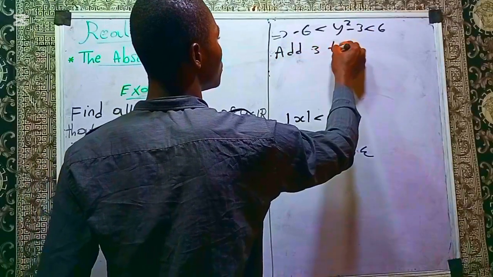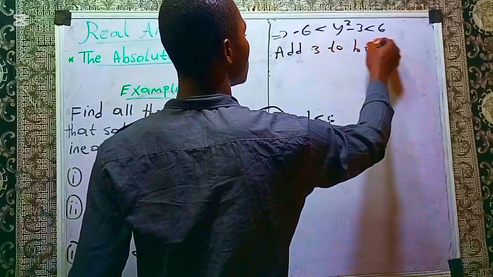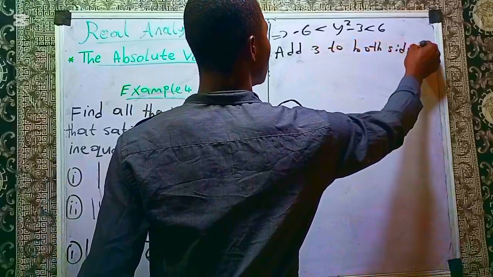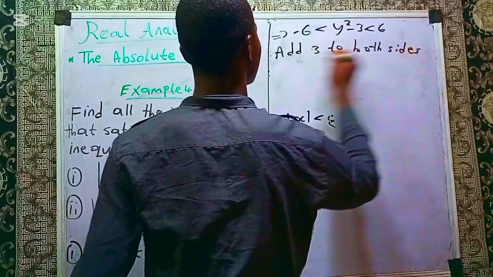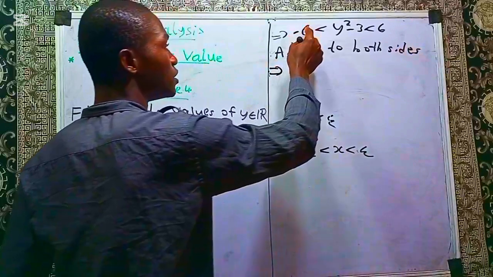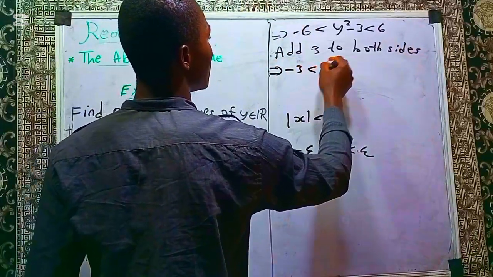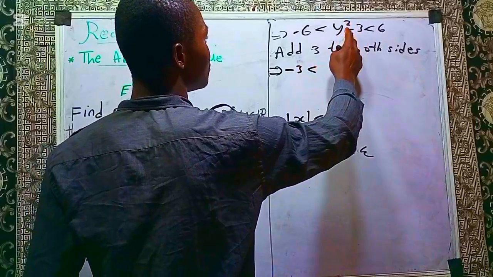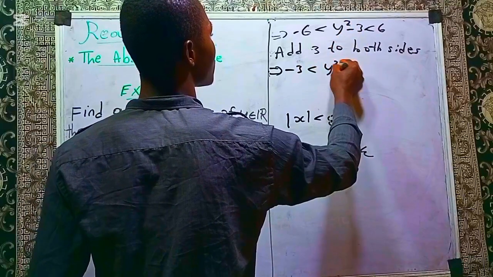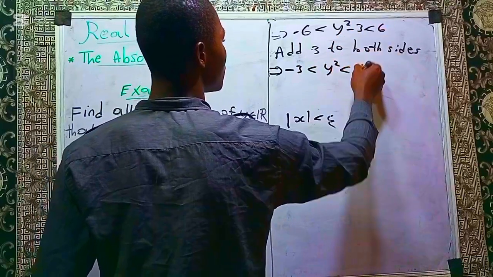Add 3 to both sides. This implies if you add 3 to negative 6, we'll get negative 3 less than, at the middle you have y squared left, less than, add 3 to 6, we have 9.